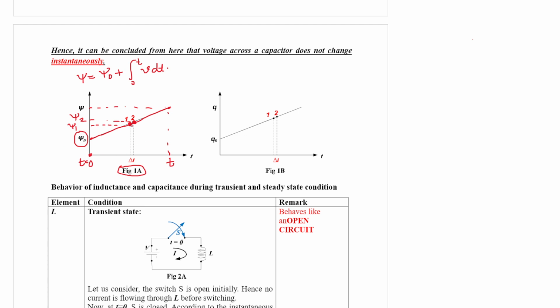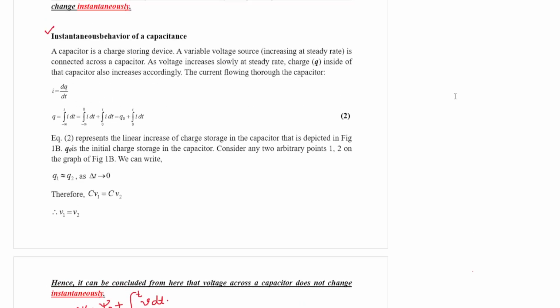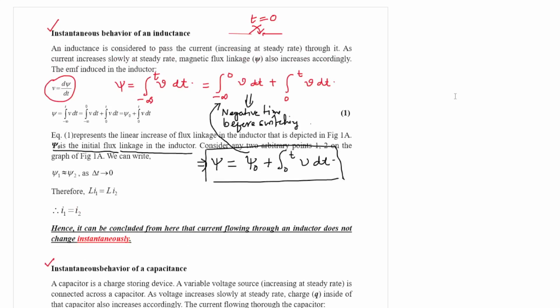We are assuming point 1 and point 2 are very close to each other, so their time difference, delta t, is almost 0. So we can say quite rationally that psi 1 and psi 2 are almost equal as delta t tends to 0.